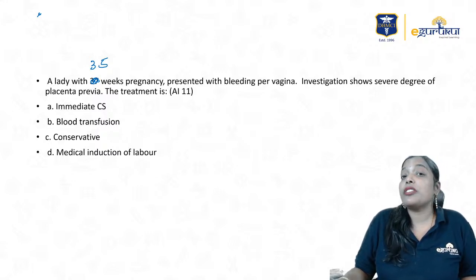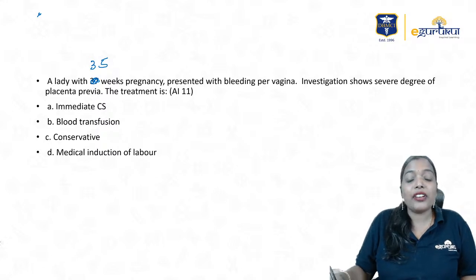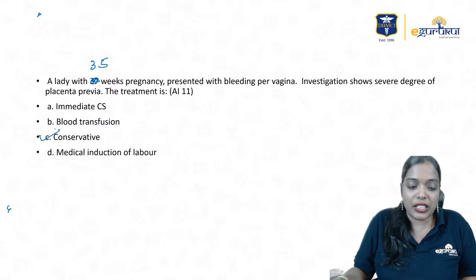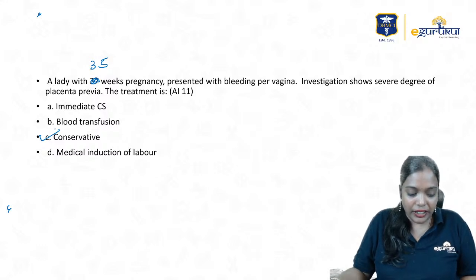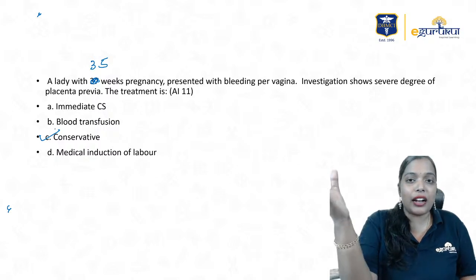So I will go for expectant management, so my answer is C, conservative management. Very good, excellent. Understood now? Depending on the gestational age, your answer might change.